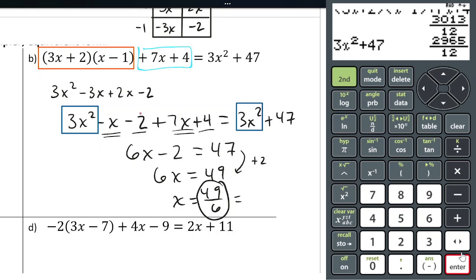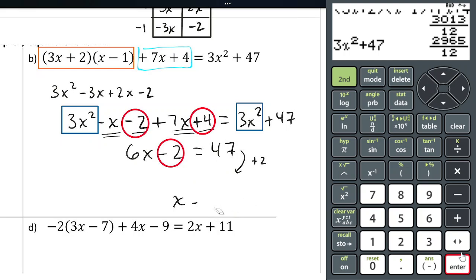I combined negative 2 with positive 4, and I wrote down negative 2. Except it's not negative 2, it is positive 2. So there's a lot of cascading things that happen after that point. So I'm going to leave those circled in red because I need to think about that.